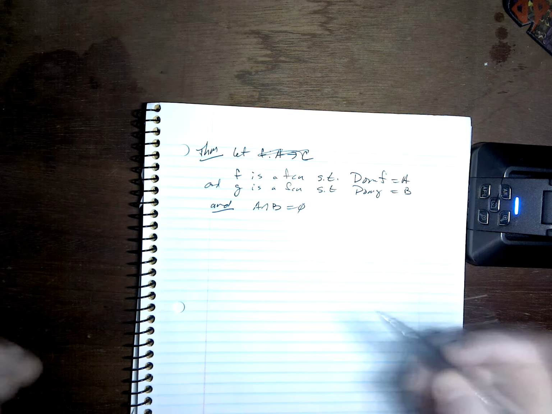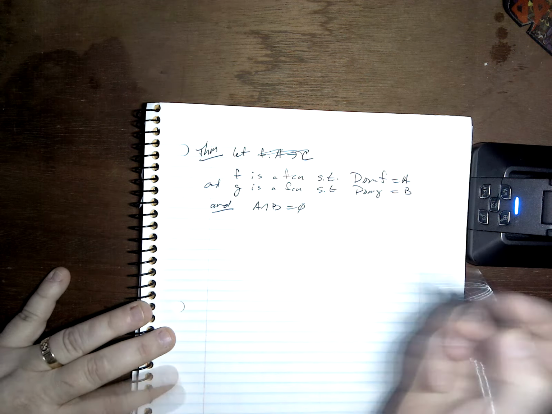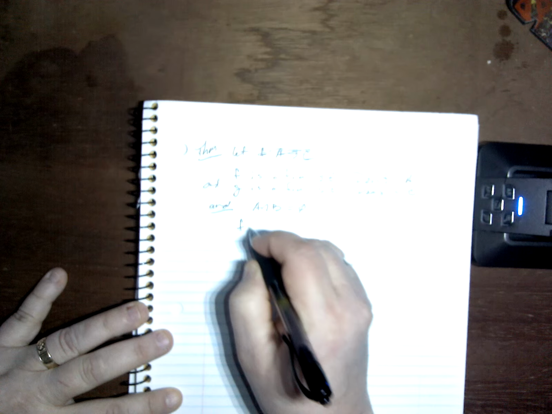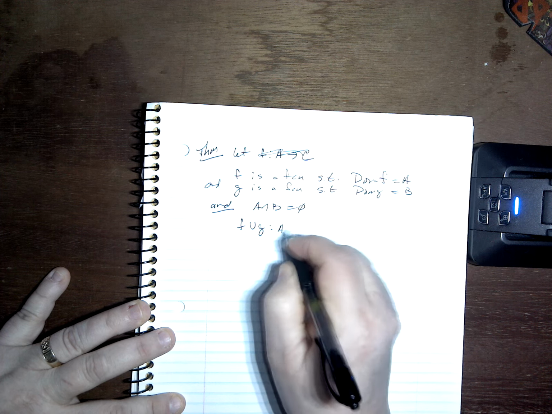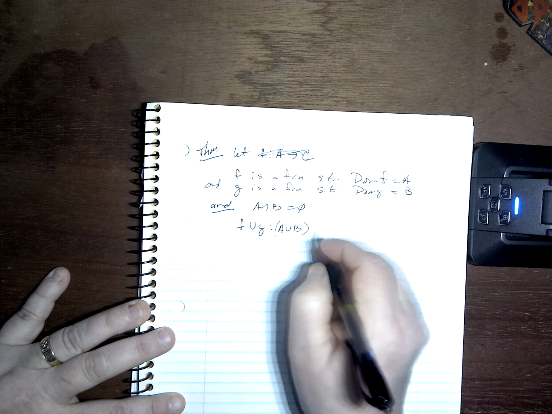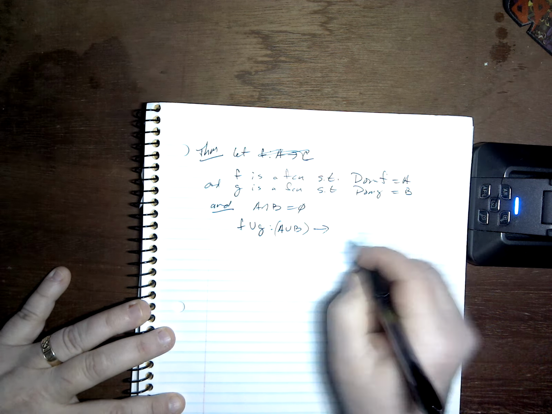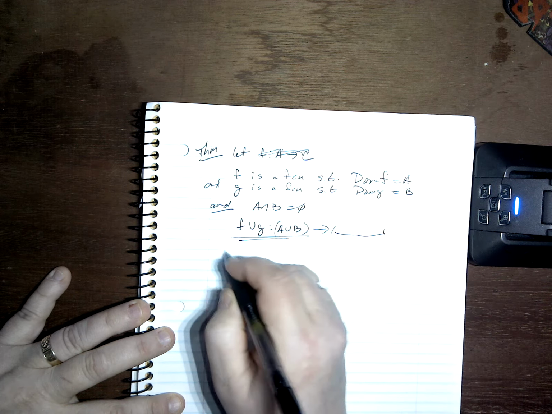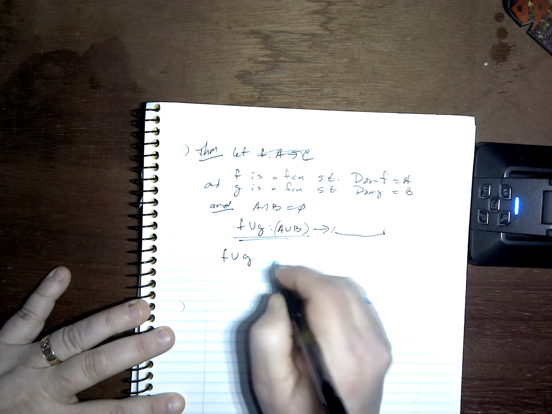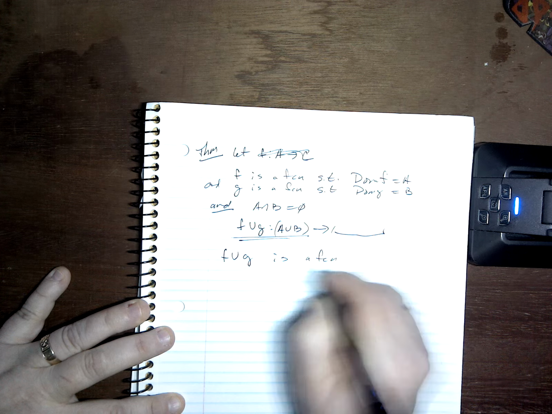So we want to kind of glue these two things together, and we do that by the union. So I can say that f union g is now a function from A union B to wherever they went to. So the key is f union g is a function.